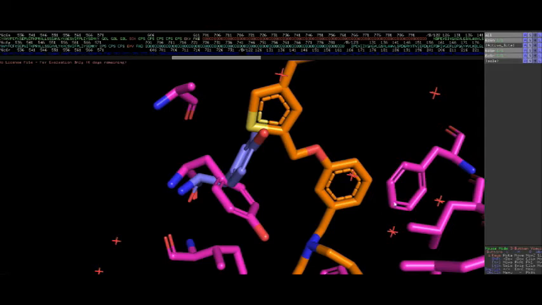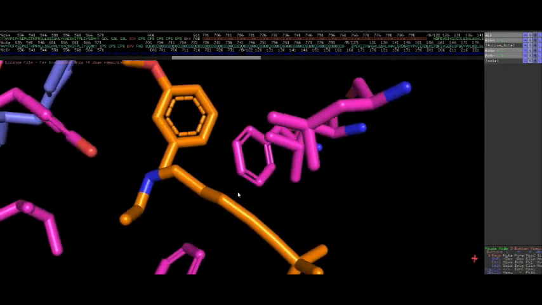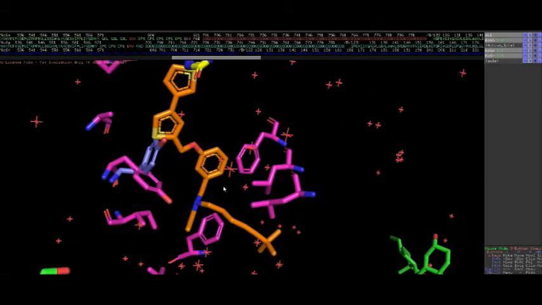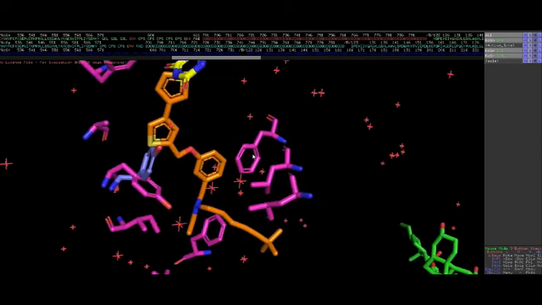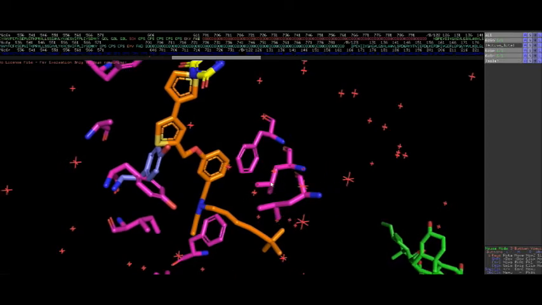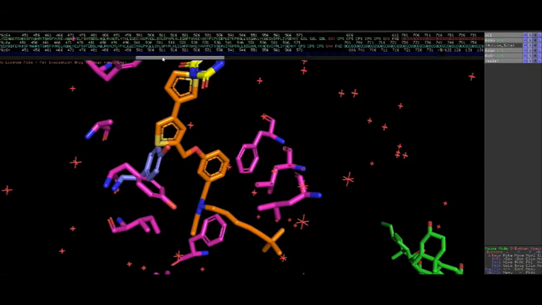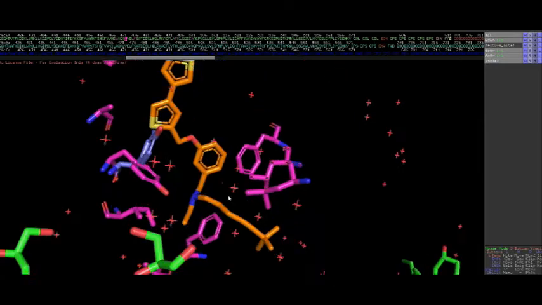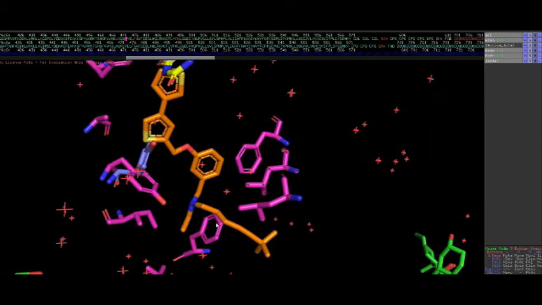But we can see there's a lot of hydrophobic amino acids here. We have phenylalanine, we have these two leucines here, another phenylalanine here.